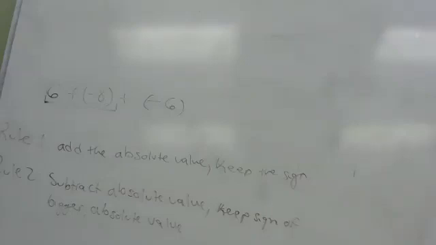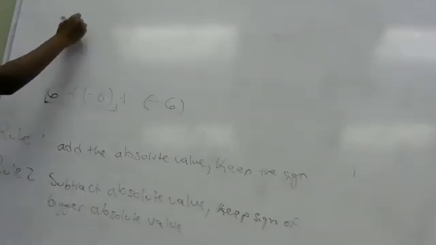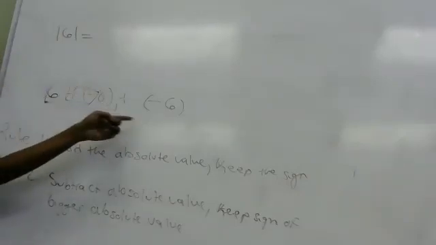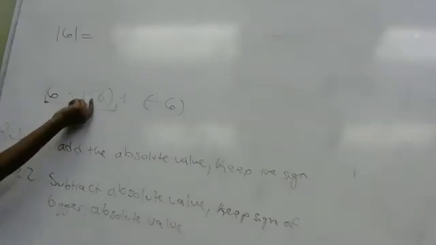You could change this to a minus, but then you just do 6 minus 8, which would be negative 2. There are multiple ways of doing it. You could change the plus and minus to minus, or you can do the absolute value way.